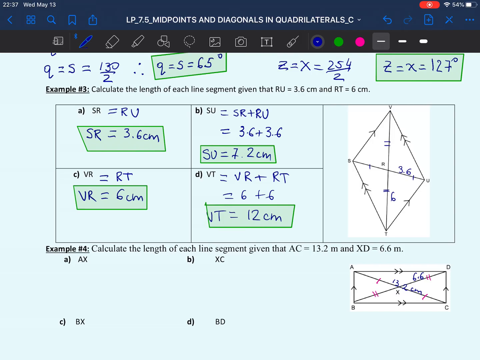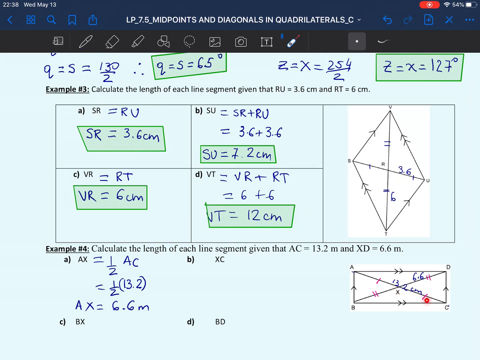Therefore, we're going to say that AX equals half of AC. So half of 13.2 would equal 6.6 meters. That would be AX.